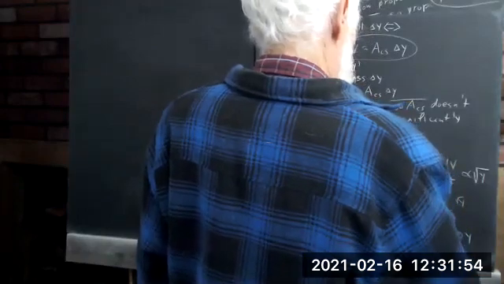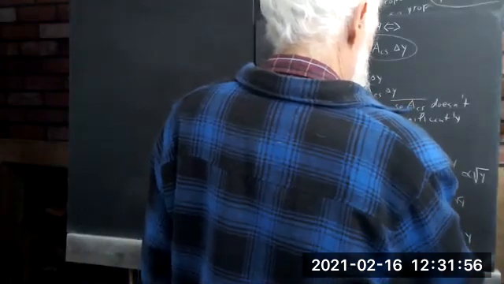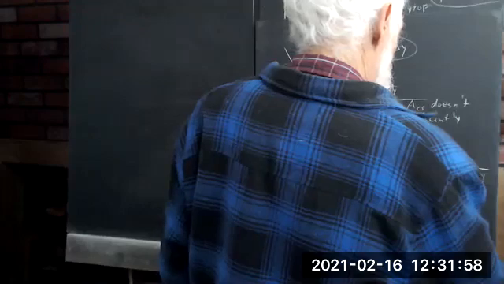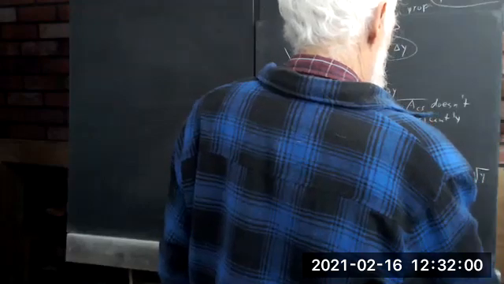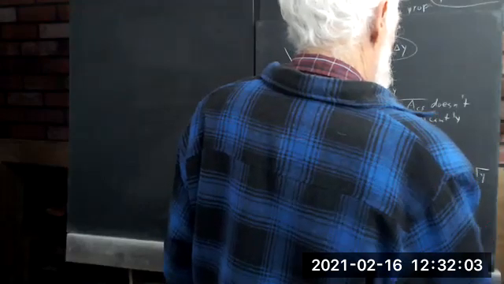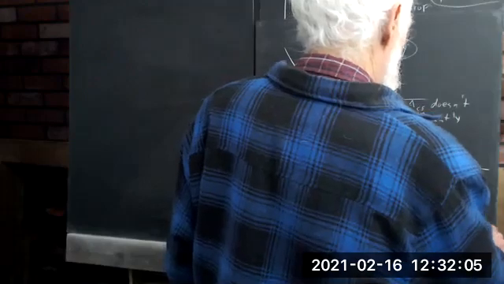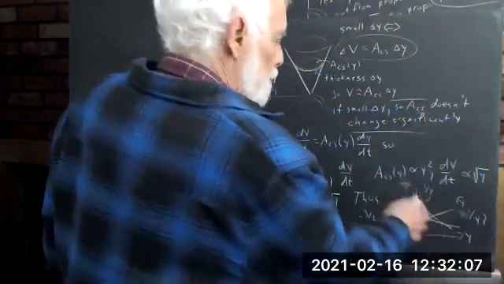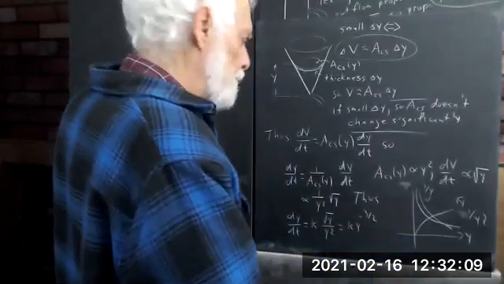The graph of 1 over y squared is going to be like this, much steeper as y approaches 0.